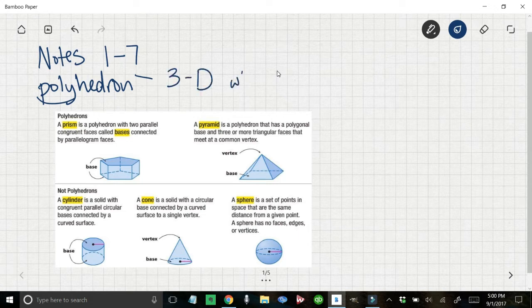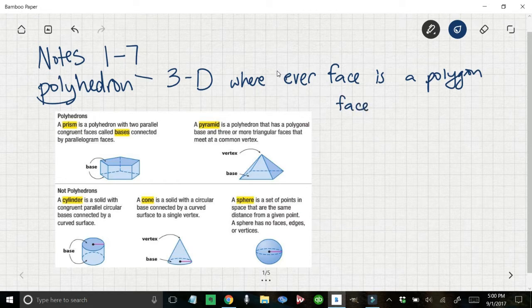So, a polyhedron is going to be a three-dimensional shape where every face is a polygon. Every face is a polygon. So, what is a face? A face is the two-dimensional shape.